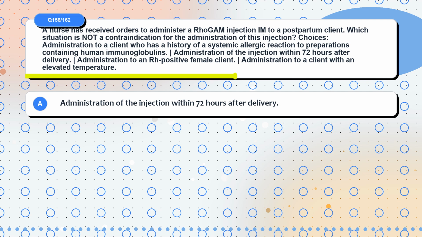Administration of the injection within 72 hours after delivery. Administration to an Rh-positive female client. Administration to a client with an elevated temperature. Here are the options. Option A: administration of the injection within 72 hours after delivery.